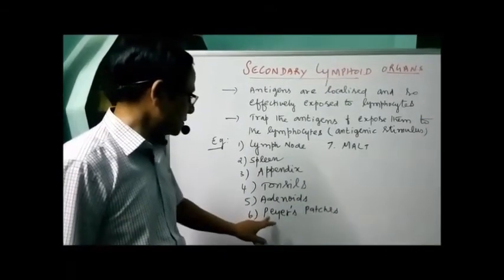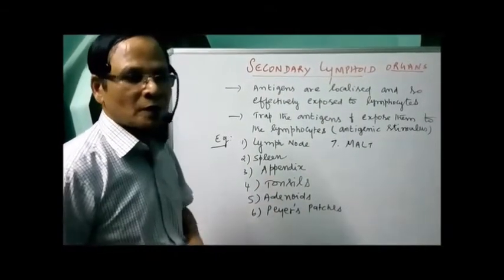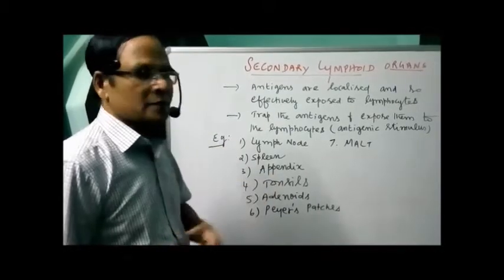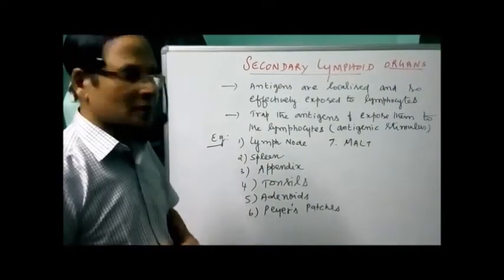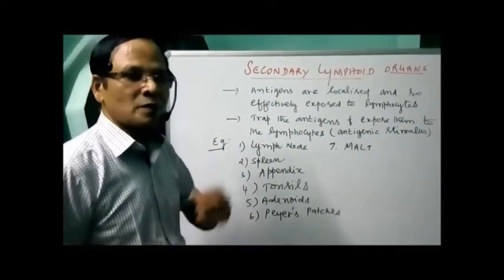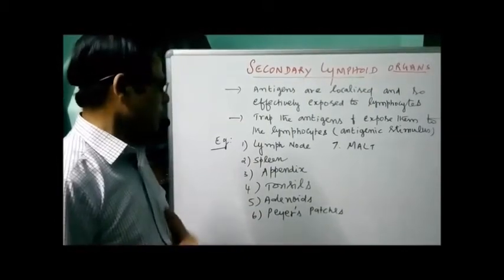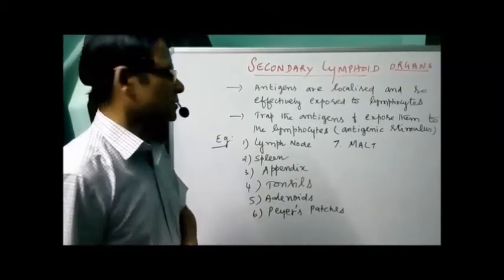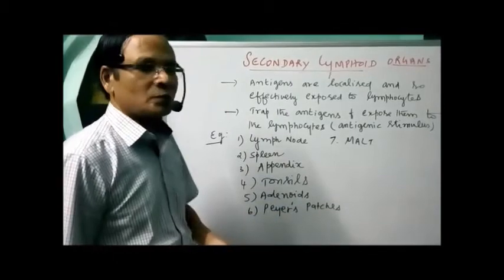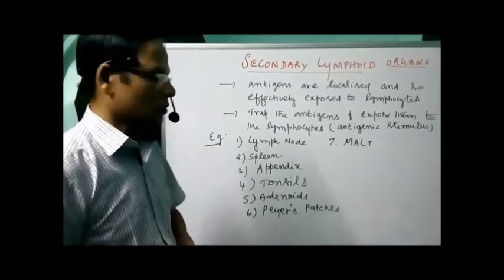This is a system of diffused aggregates in the gastrointestinal tract concerned with the production of different types of lymphocytes. And also the mucosa associated lymphoid tissue.